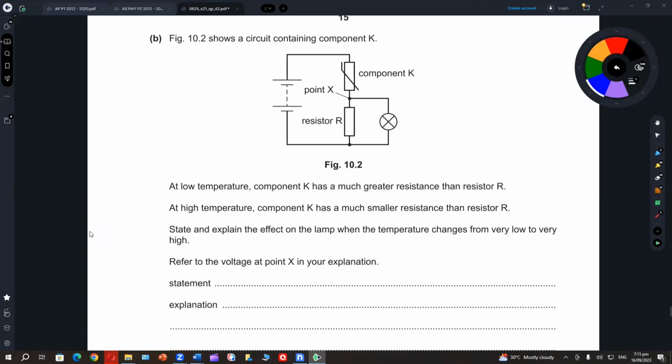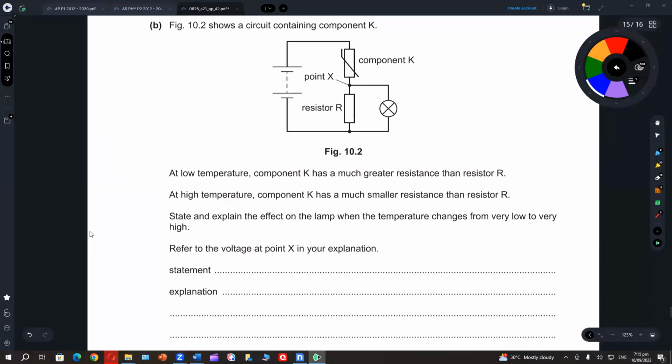This is a potential divider circuit, and it is necessary to identify it.